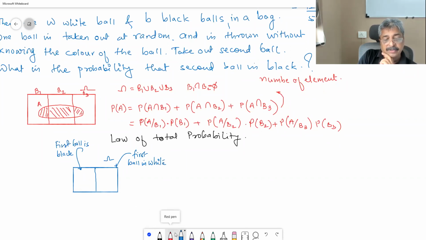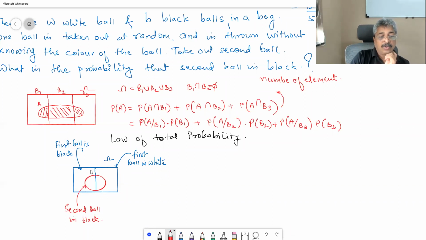However, you are required to find out the probability of the second ball. The probability of this event is, second ball is black. Let us call this event A in our earlier notation. Let us call these event B1 and event B2.